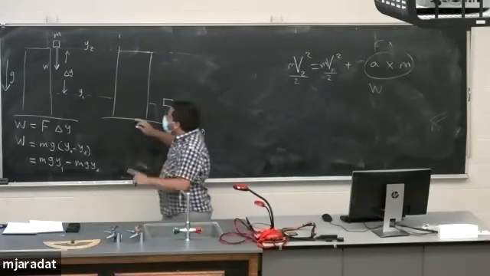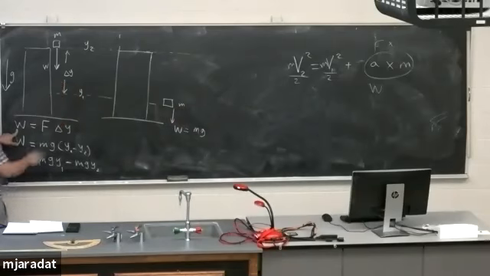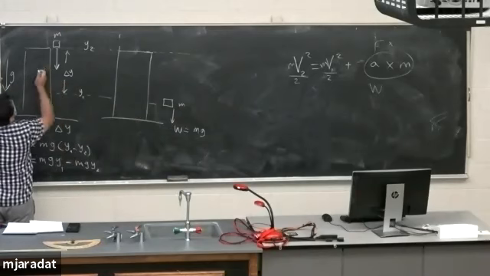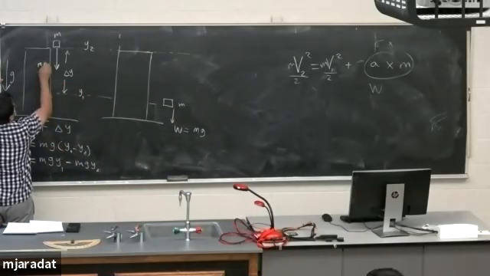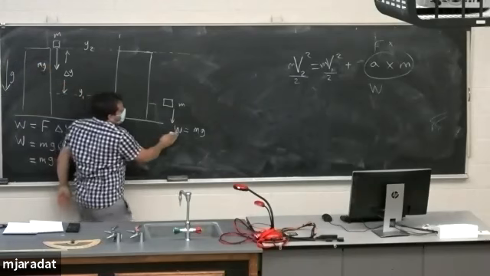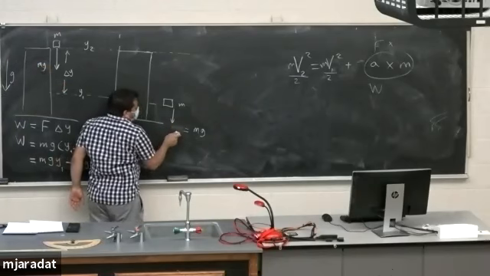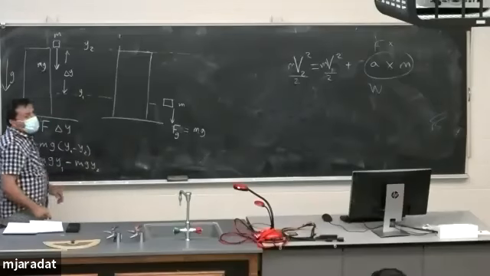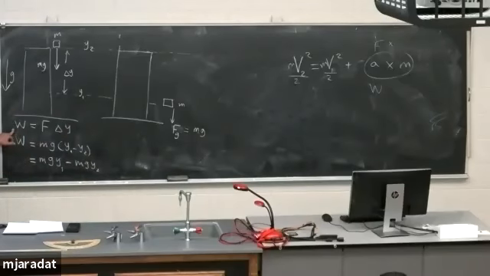Now look, we have the weight, we have the work. So I will write the weight as mg. I will not deal with it as F gravity. Now W is for the work.